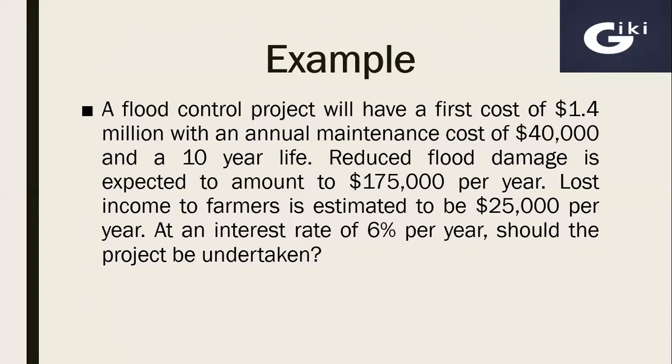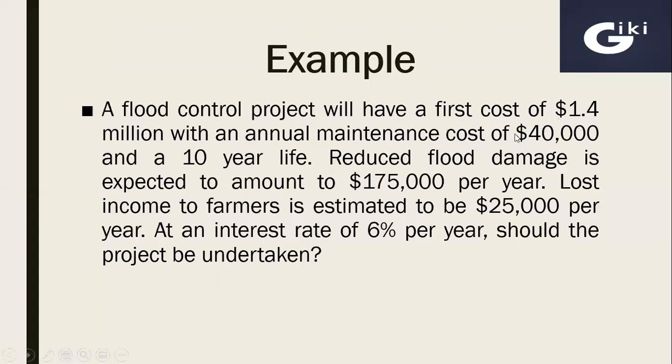So after reading this statement, first of all, we need to differentiate between benefits, disbenefits, and costs. In terms of cost, first cost of that project is $1.4 million and annual maintenance cost is $40,000. So this is for all 10 years, 1.4 million, and 40,000 is on annual basis.